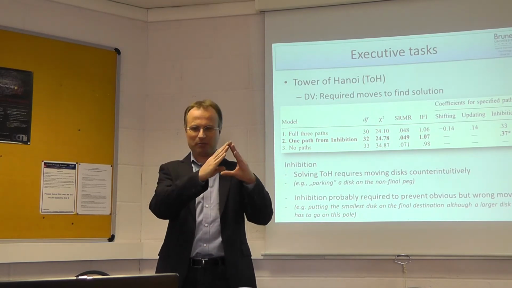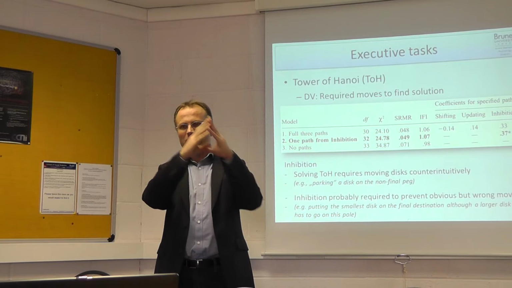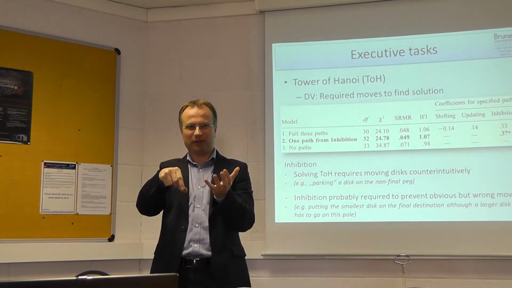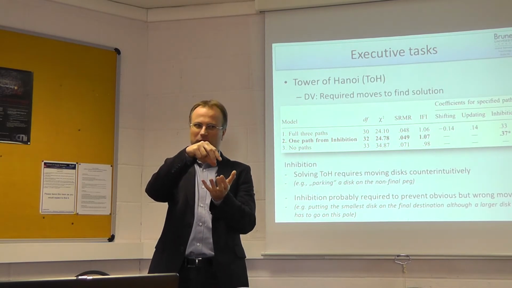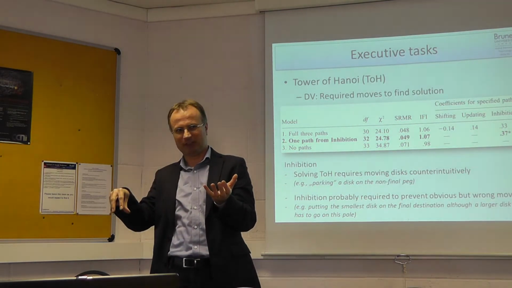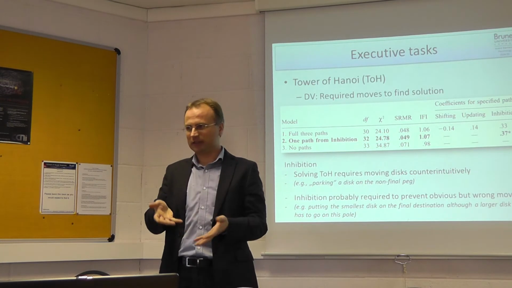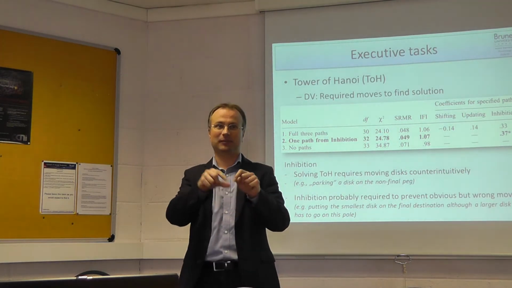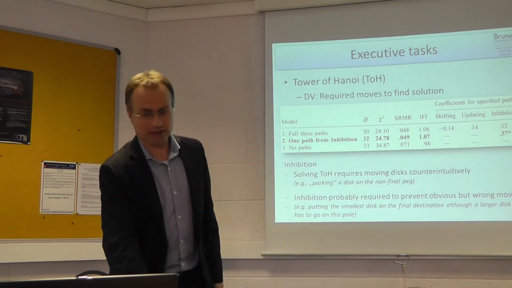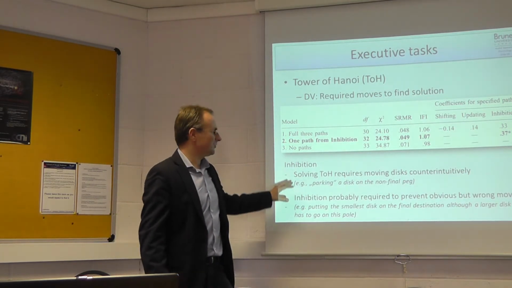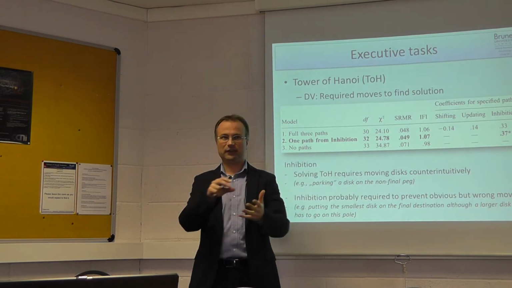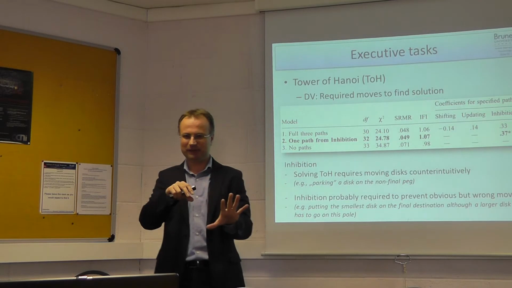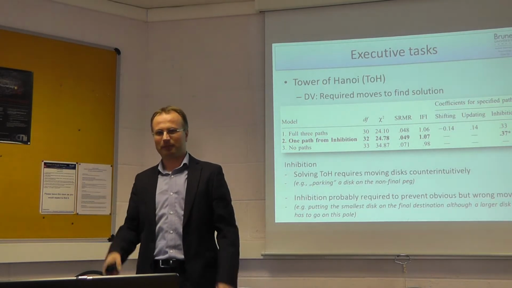So if you have to get one pile of disks onto the next peg, you would think, okay, I just put it on the next peg. But you have to put the small disk somewhere else first for the longer term planning. And that's why people usually think this is a planning task. What they show is that inhibition may be required to prevent these obvious solutions of just putting it next, but inhibit that, go with the plan.